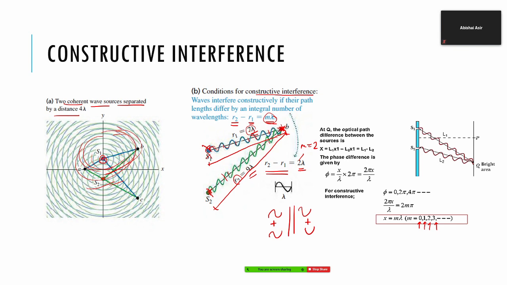Because we are measuring at B. If you measure somewhere else, let's say the other side over here, this one is also constructive, and this one also constructive. It depends, because when we subtract R1 and R2, there will be a difference of m lambda.